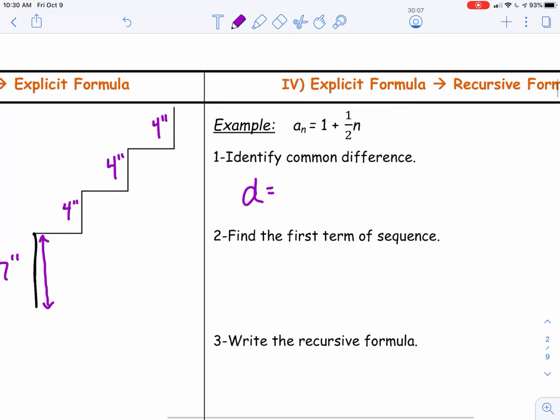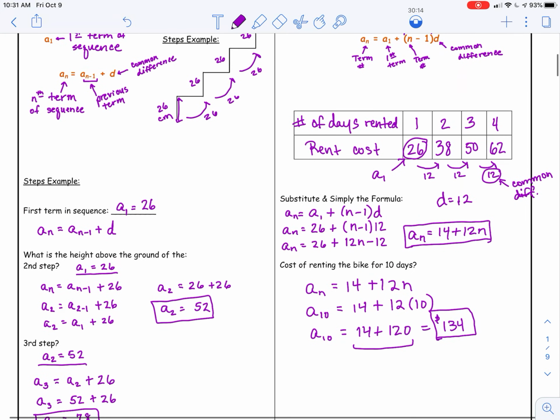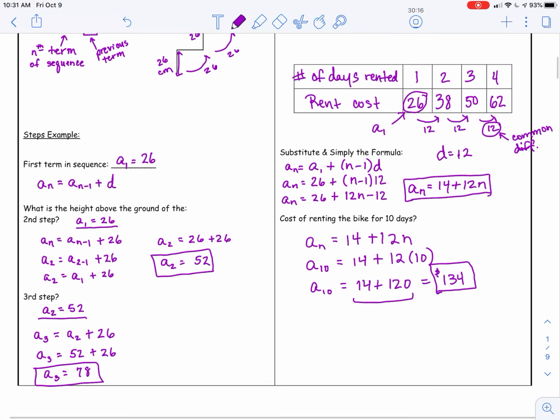The difference here is going to be 1/2. And if I go back up here, if you look in your notes, the difference was 12. See that over here in the original formula is D, and then in the second line you can see I filled in 12 as my difference.